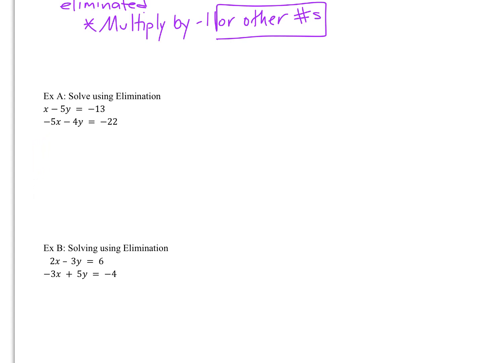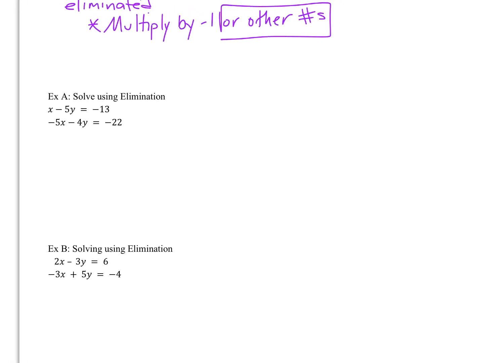Positive 5x, right? So what could I multiply this top equation by to create a positive 5x right there? 5. Yeah, exactly, 5. We don't have to overthink this. I'm not trying to trick you or anything. So we're going to multiply this whole equation by 5, so that it cancels out with that -5x, okay?